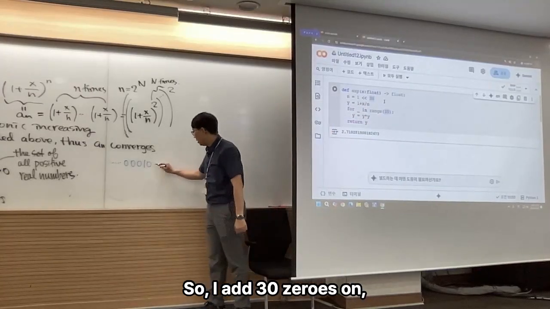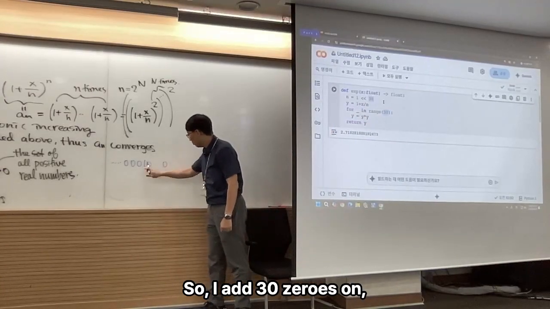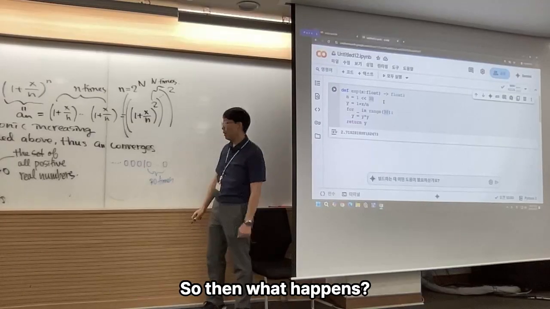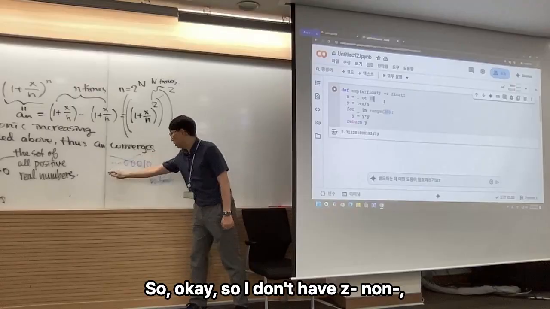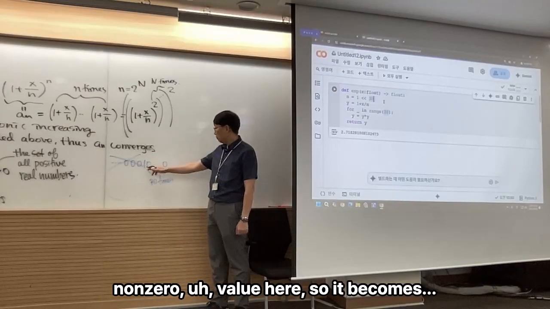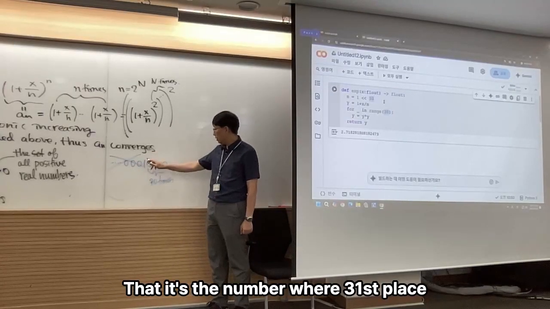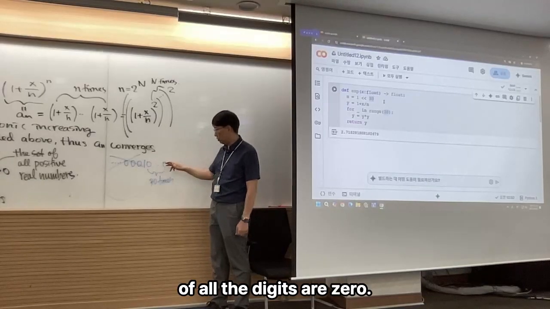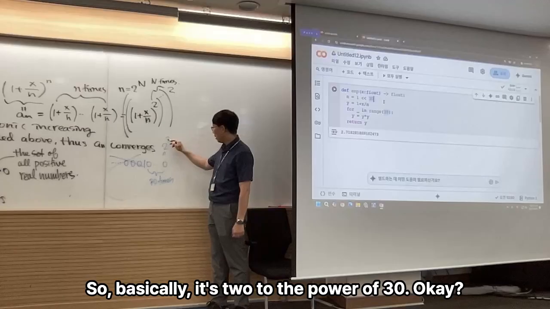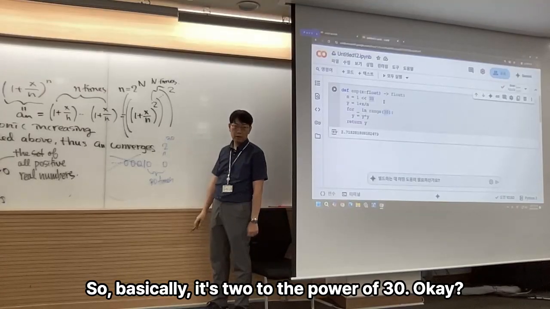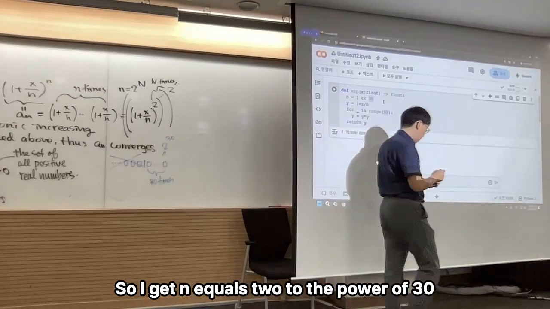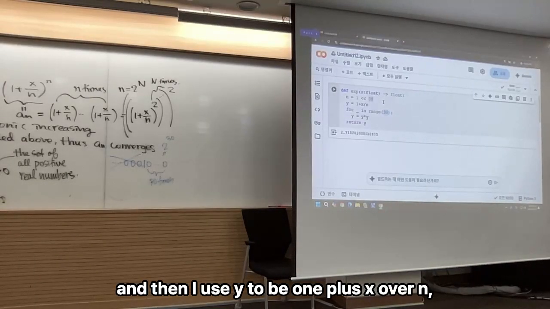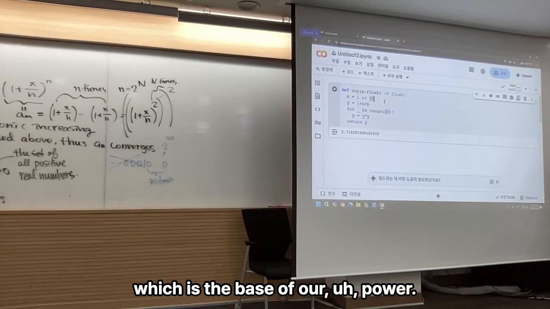So I add 30 zeros on the right side of this 1. Then the 31st place is 1 and all the rest of the digits are 0, so it's basically 2 to the power of 30. So I get n equal to 2 to the power of 30 by shifting the digits. And then I use y to be 1 plus x over n, which is the base of our power.